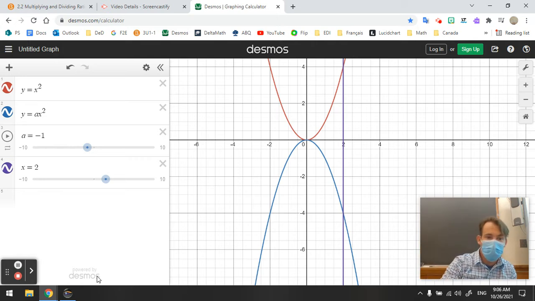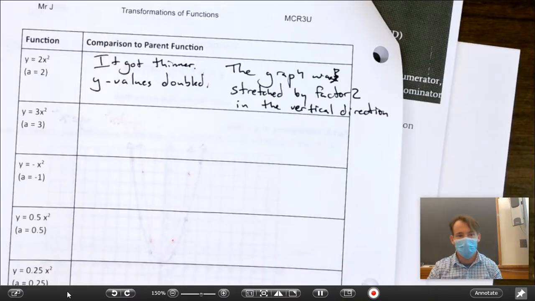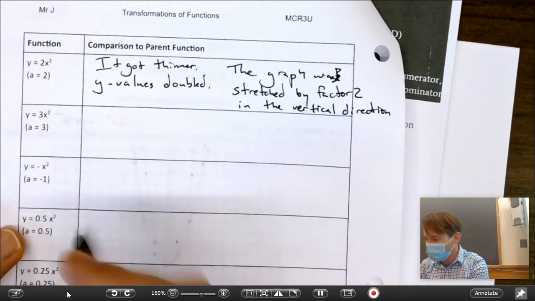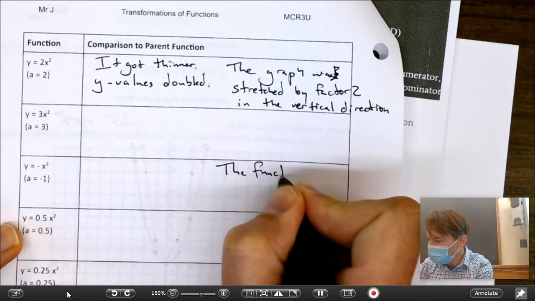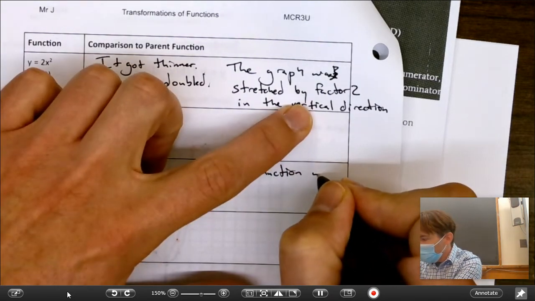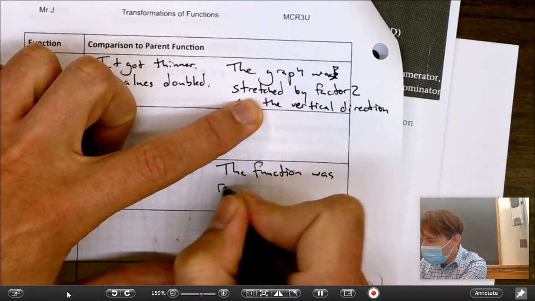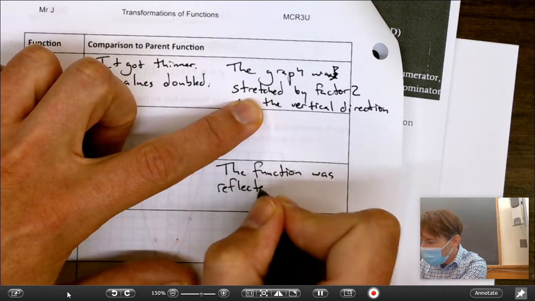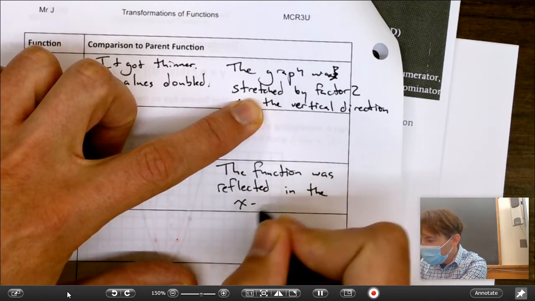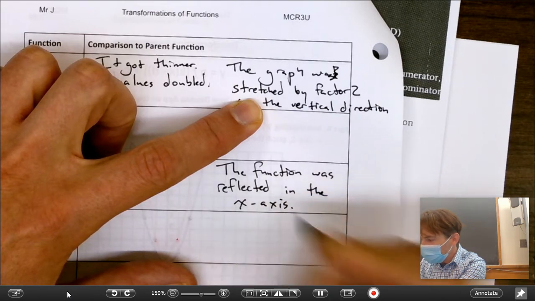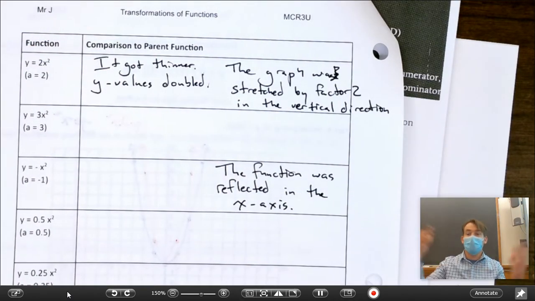The really important mathematical one to be able to notice is that now the function was reflected in the x-axis. Function was reflected in the x-axis.